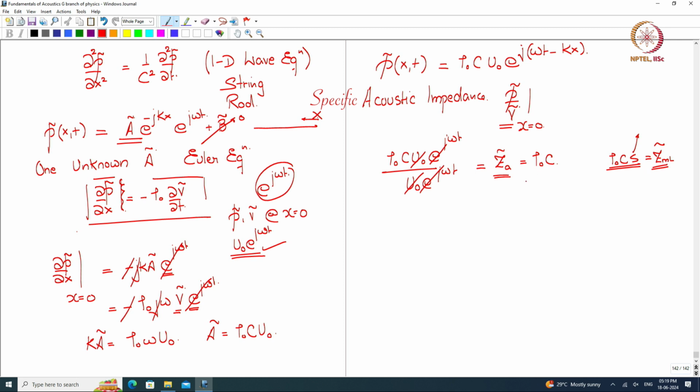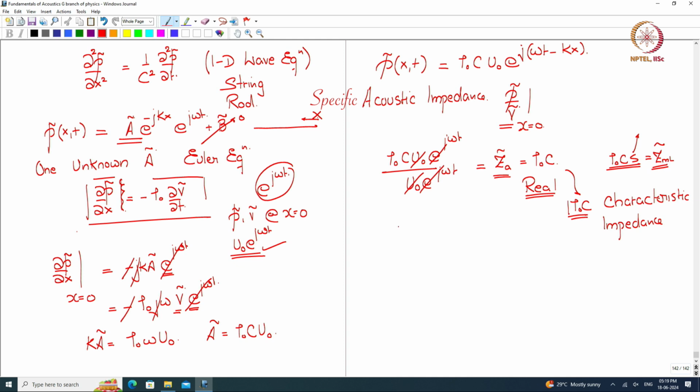Now this is real, so we know what real means, and in particular this number rho 0 c is called the characteristic impedance of a medium. This product has a name. So the acoustic impedance is the characteristic impedance in this case.